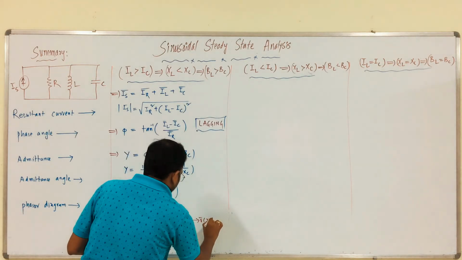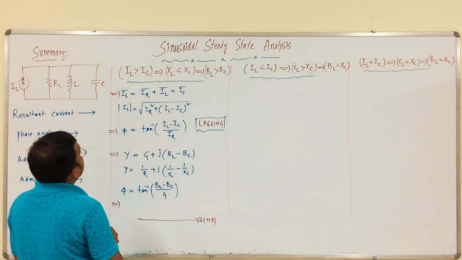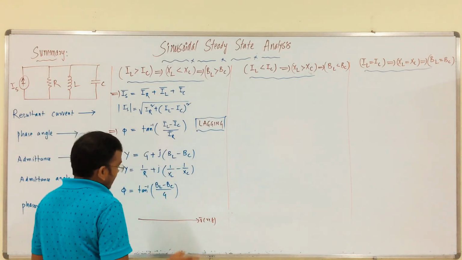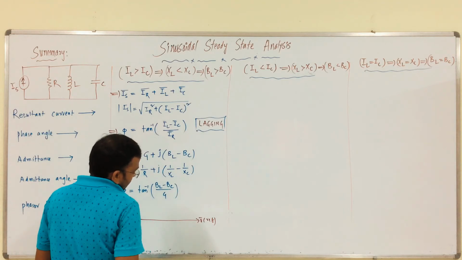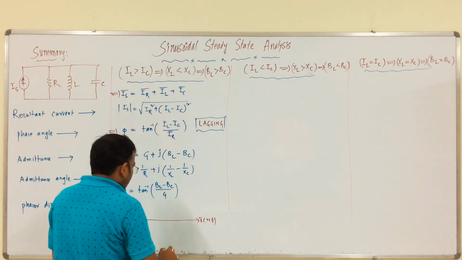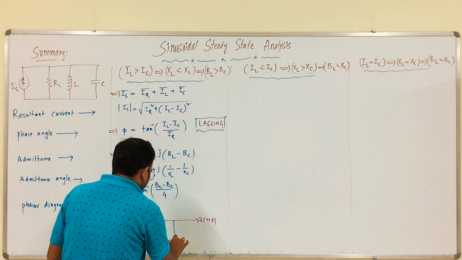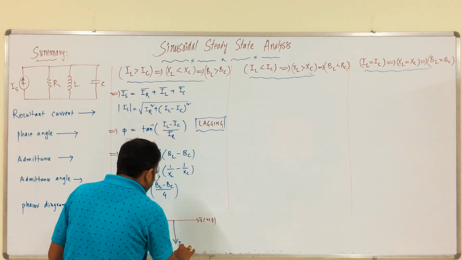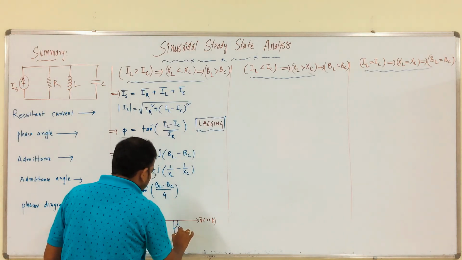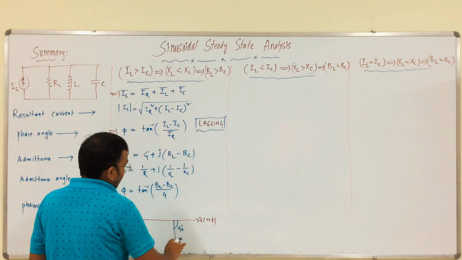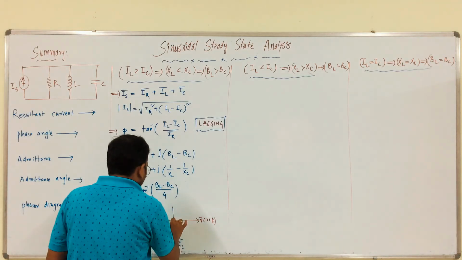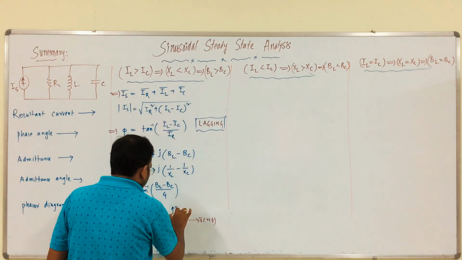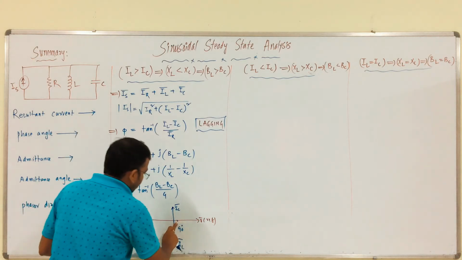So, V is taken as reference. Then see the condition, IL is more than IC. We can draw IL downwards. Obviously IL, right, because this current lags voltage by 90 degrees, clear. But IC magnitude is less than this. Okay.